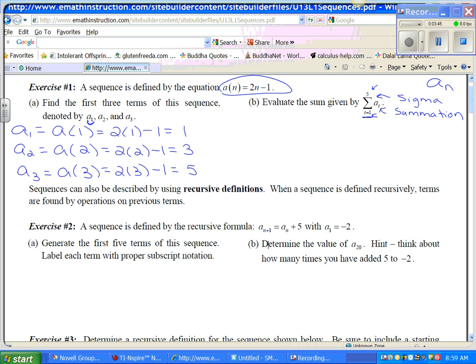So my first term is going to be a sub 1. Summation, what am I going to do? Add. Plus, what's the next term going to be? a sub 2. Plus, next one, plus, plus, and I'm going to stop there.